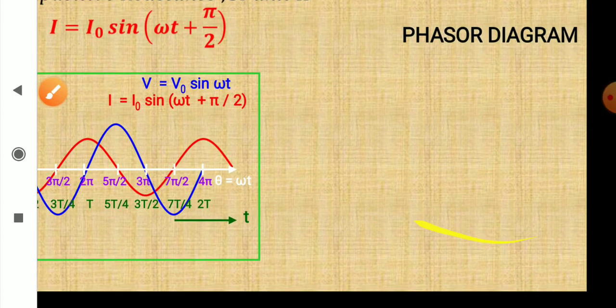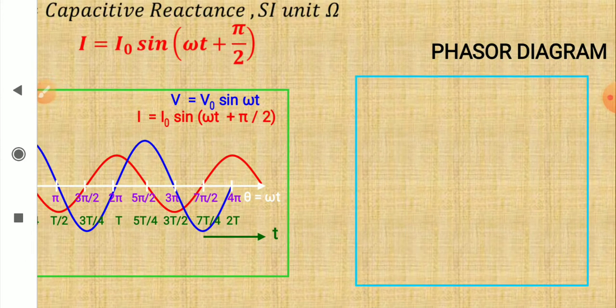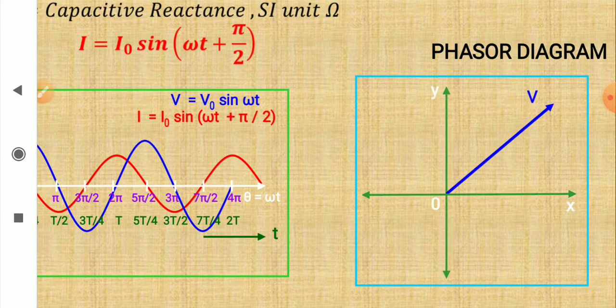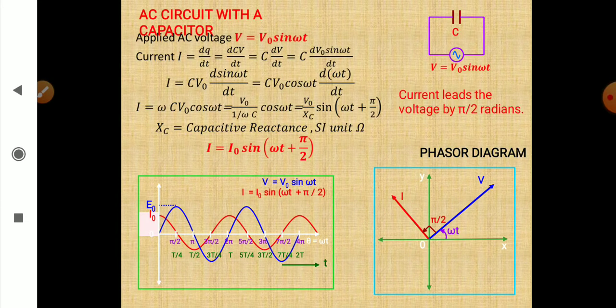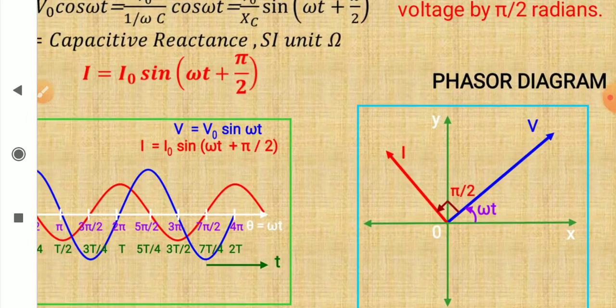And then let us look at its phasor diagram also. Look at it. So angle omega t, and current is ahead by pi by 2. Look at this once again.